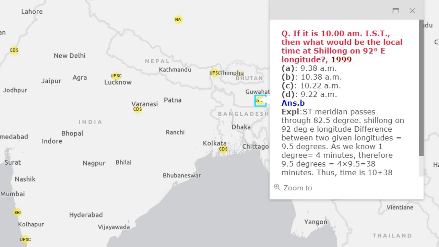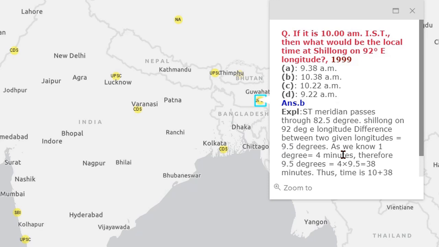I mean 60 minutes is equal to 1 degree. So Shillong is at 92 degrees and IST is at 82.5. You have to see the gap. So the gap is how much? 9.5 degrees or 9 degrees 30 minutes.